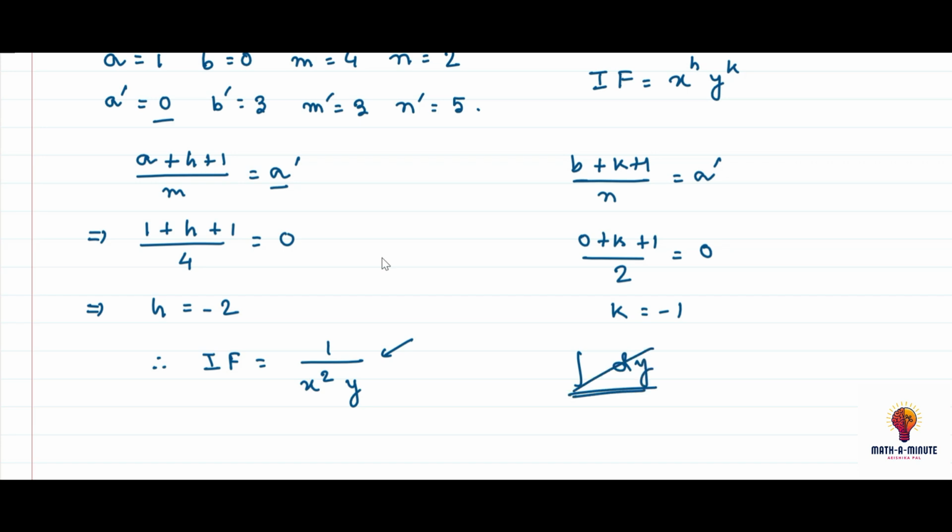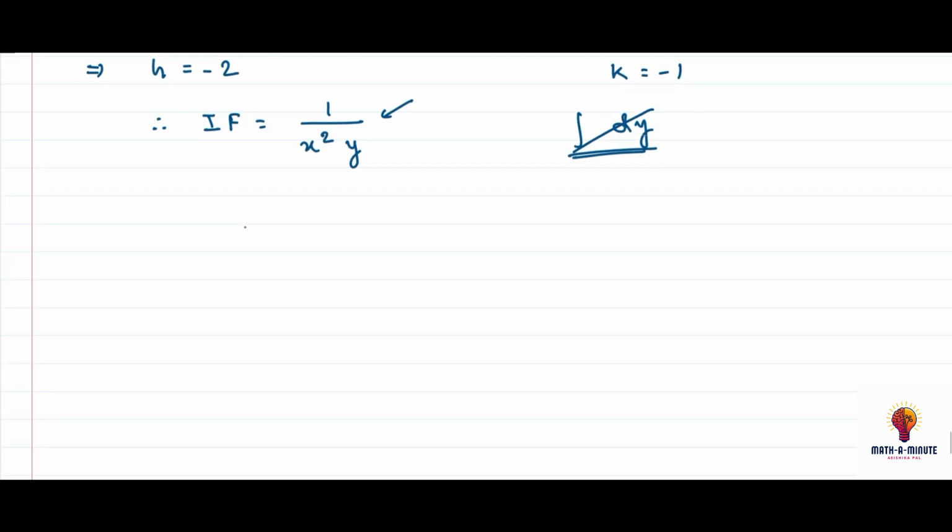So from the given equation, we take the coefficient of dx, which will be 4xy plus 3y to the power 4, and the integrating factor 1 by x squared y, integrated with respect to x, equals c. So this is our general solution. Now you just have to simplify this.